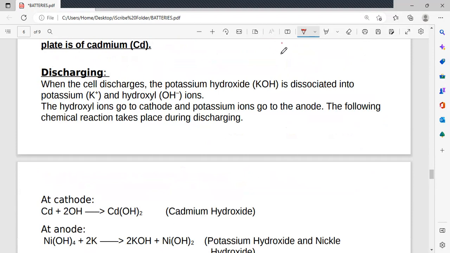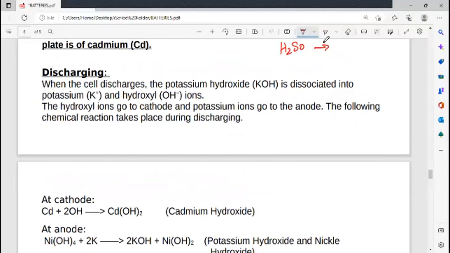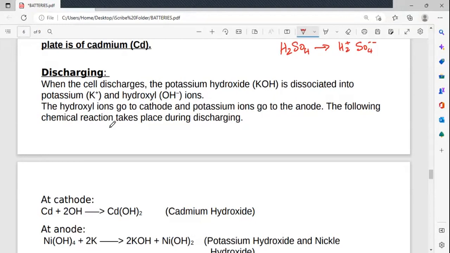Just as we had H2SO4, which was divided into positive hydrogen ions and negative sulfate ions, likewise here your KOH is also separated into potassium, the positive ions, that is why it has a positive sign, and hydroxyl ions, which are negative in charge, therefore the negative sign. So these two are going to take part in this reaction.